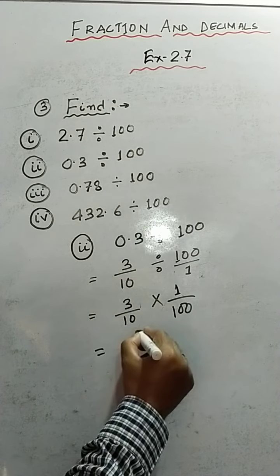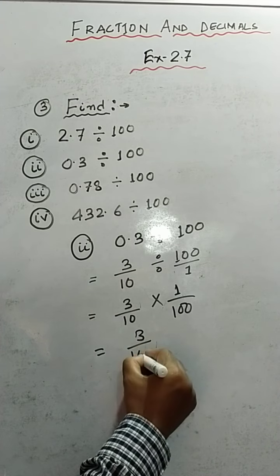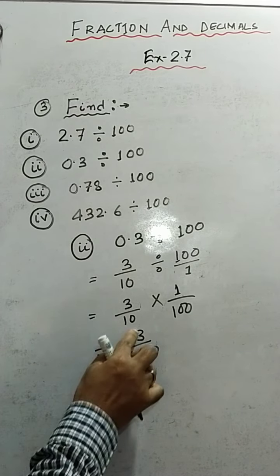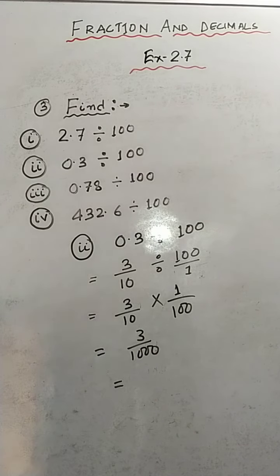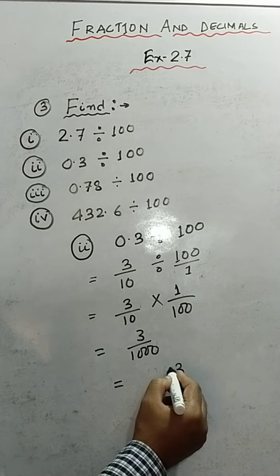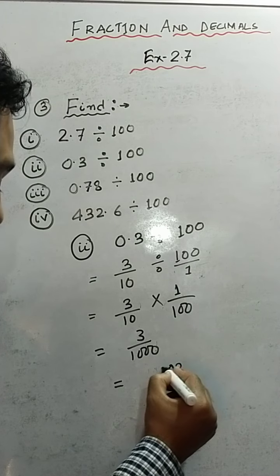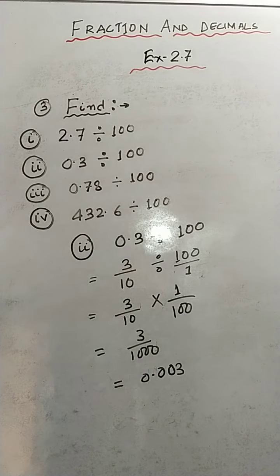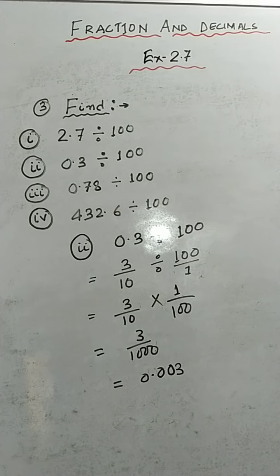So 3 ones are 3, 10 into 100 is 1000. You all know how to convert this fractional form to the decimal form. There are 3 zeros, only one digit is there. So how to make up the other 2 digits with 0, isn't it? Then we'll put the decimal here and then again 0, 0. So this is the required answer, 0.003.